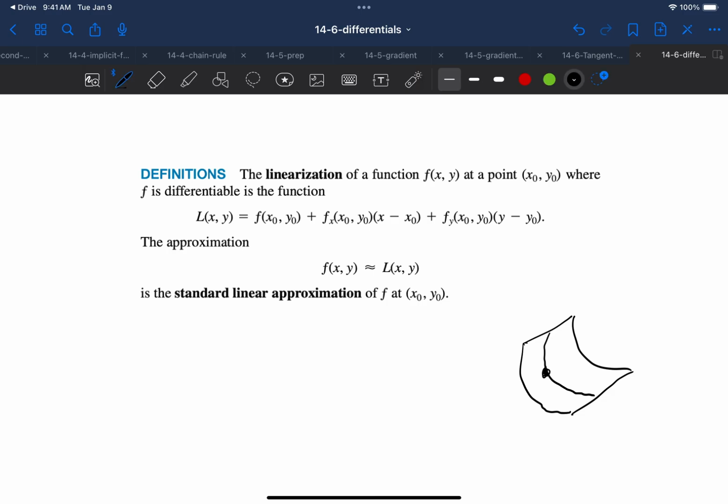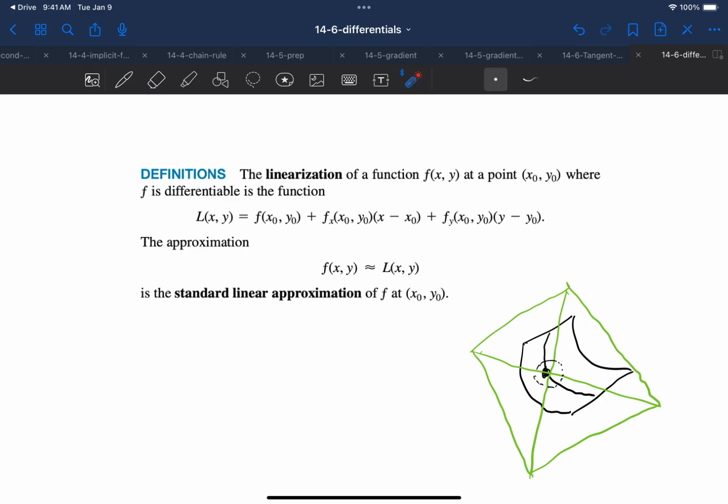Then what you do is put a glass board on top of this surface, just touching it at that point. Then in the neighborhood of your position, the glass board does not have the same height, but gives an approximate value close enough to the real surface.